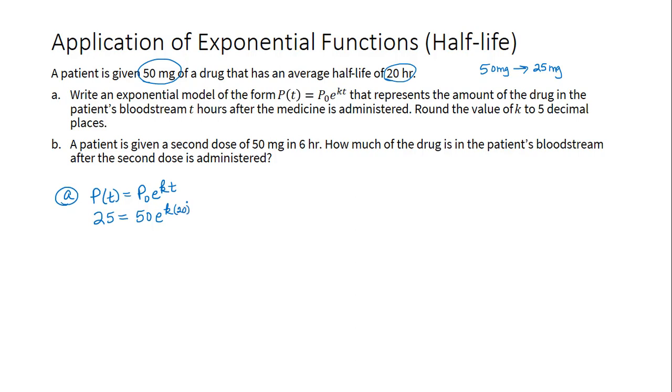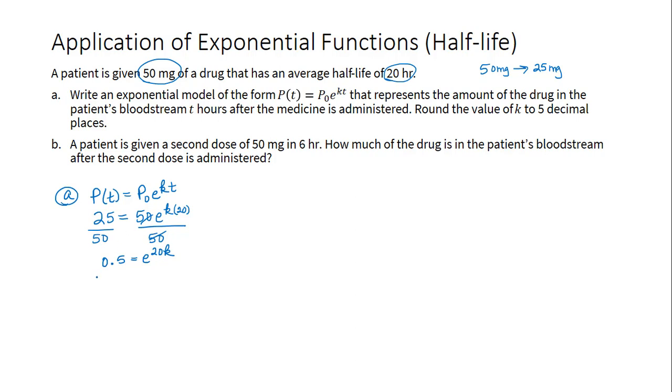So our equation that we will solve is 25 = 50e^(k·20). To get the variable factor by itself, we're going to divide each side by 50. 25 divided by 50 is 1/2, or 0.5, equals e^(20k).